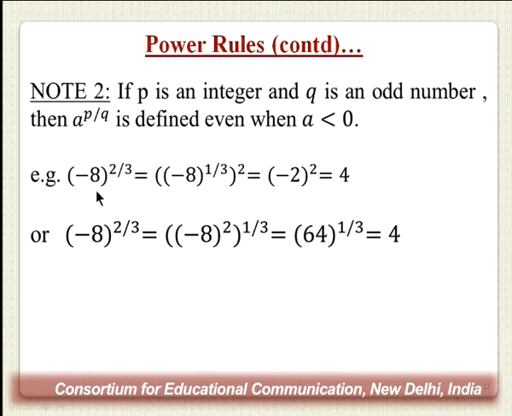Let's suppose I have minus 8 and I'm raising it to the power 2 by 3. So clearly that conforms to my assumptions: p is an integer, p is 2, and 3 is an odd number. So I can calculate it as minus 8 to the power 1 by 3, which is minus 2, and then I can take the square of minus 2, so that gives me 4. I can also use the other way of doing things.